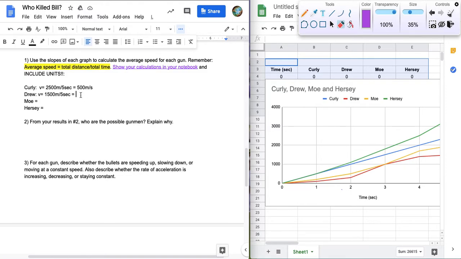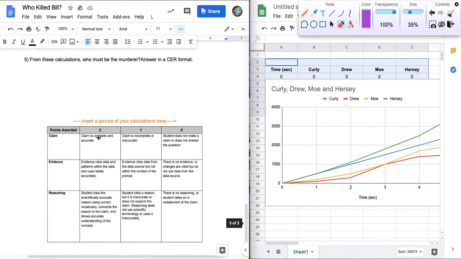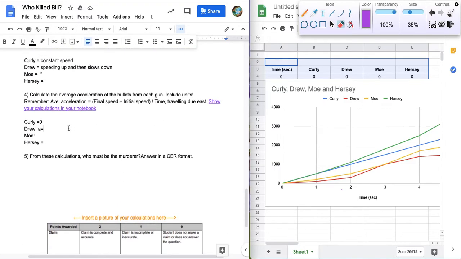So for Drew, let's go ahead and do this. For Drew, for example, the speed was 300 meters per second. So that's going to be our acceleration right here. Our final speed is 300 meters per second. And our initial speed, they all started from 0. It wasn't moving.